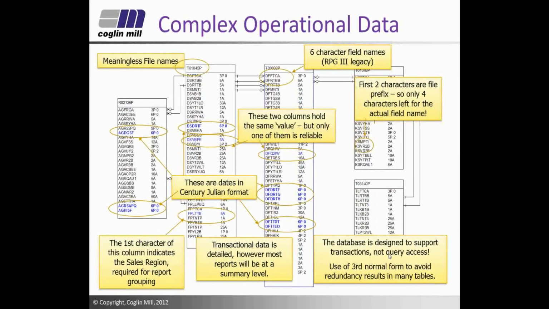We might have the same piece of data in two different tables. One of them's reliable, the other one isn't. And there's a lot of data here that you may never use for business intelligence reporting. So you have to search through possibly hundreds and hundreds of fields looking for the ones that are useful to you.